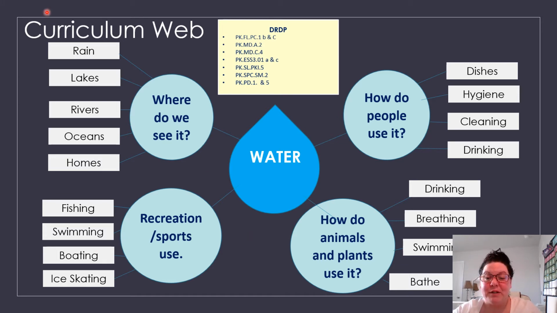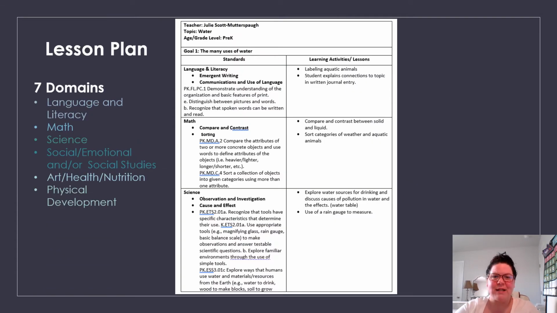So then this would lead me to the actual lesson plan. After we've done our curriculum web and we have discussed what we'd like to learn about and what we know about it, then we could move on to the lesson plan. Here is what a lesson plan would look like, and the 7 domains that I would be implementing into the lesson plan would be language and literacy, math, science, social emotional and/or social studies, art, health and nutrition, and physical development.